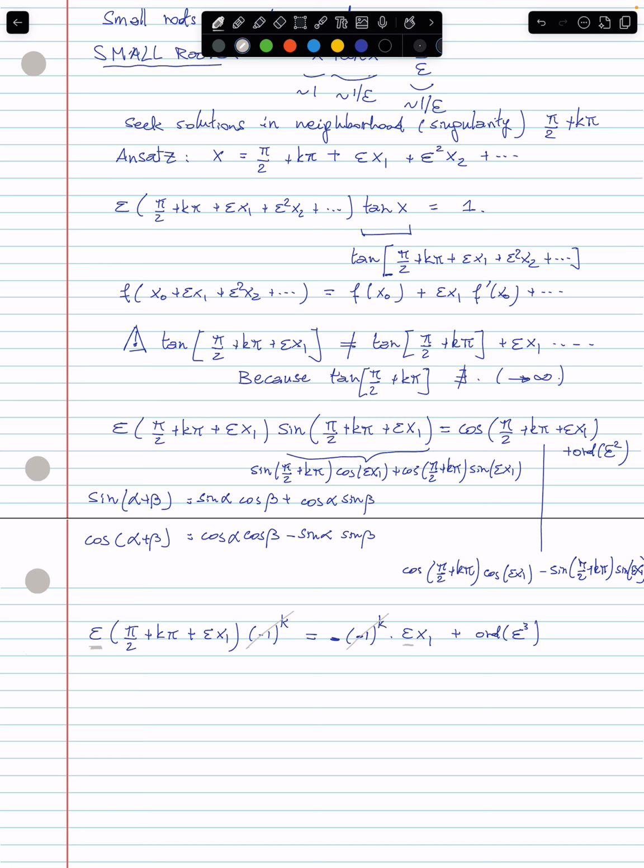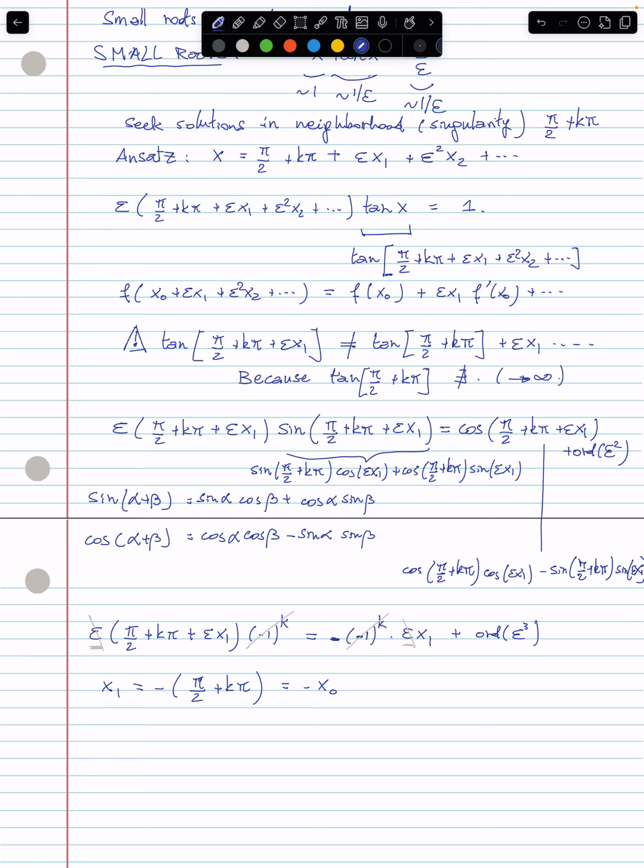So we can basically simplify out by epsilon, and we find out that x1 is equal to minus pi over 2 plus k pi. All right. And so what do we have at the end? If we just now put the different contributions all together, we see, in fact, that this is also minus x0. If we observe that what comes in the parentheses over there is, in fact, nothing but our x0.